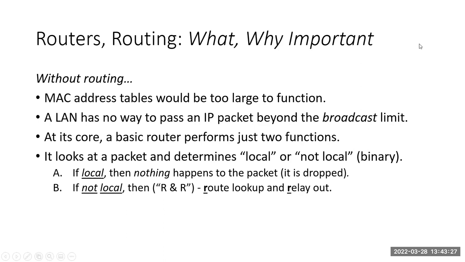If it's not local, it passes the packet inside the router where it looks at the routing table and it decides based on the routing rules and table, okay, what am I doing with this? We have something called an access control list that works hand in glove or in a very complementary fashion with the routing table. The routing table is a listing of routes that are executed in an order.